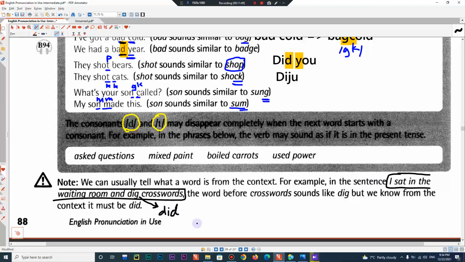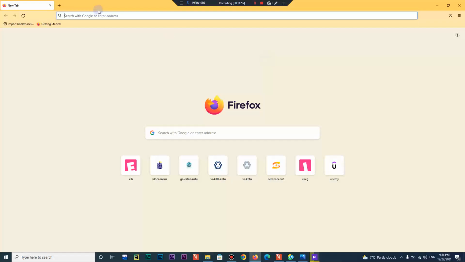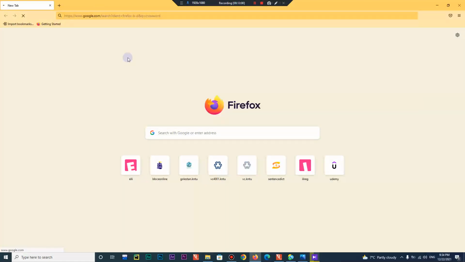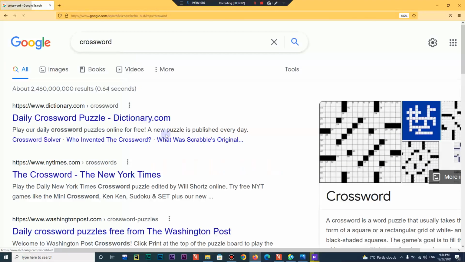Because you do crosswords. And if you don't know crossword, crosswords are like puzzles, like games. Yes, this is a crossword puzzle. So remember that we do crosswords. My father loves crosswords and he does crosswords every week.